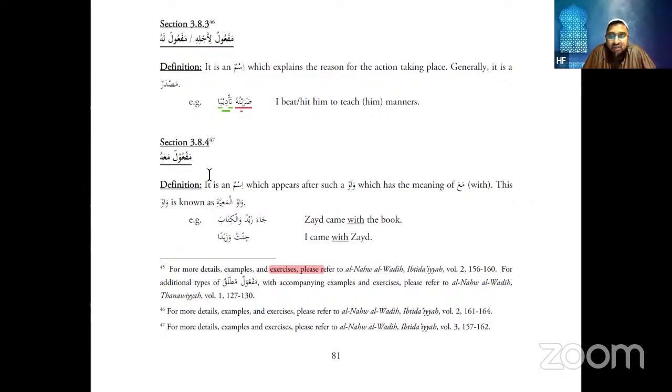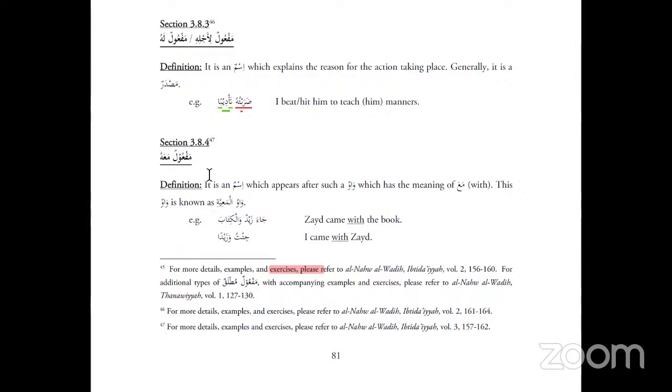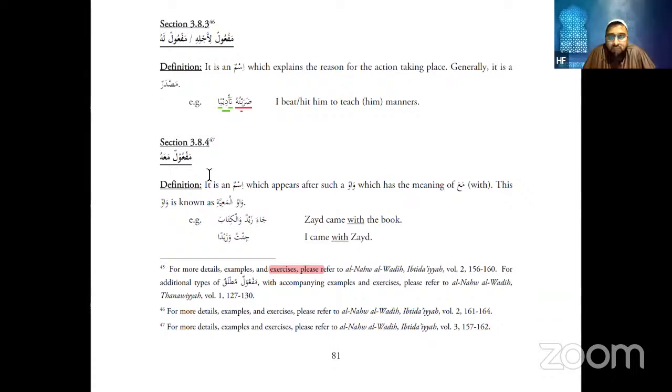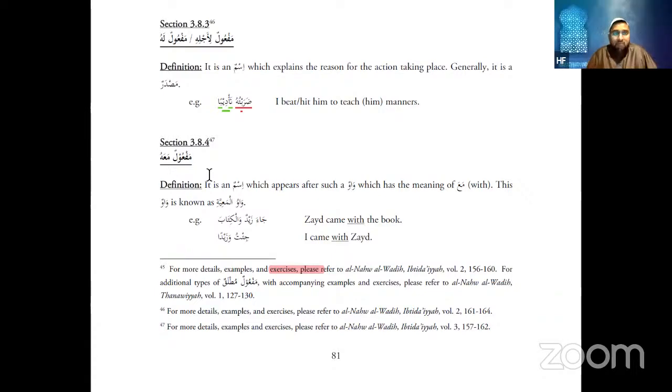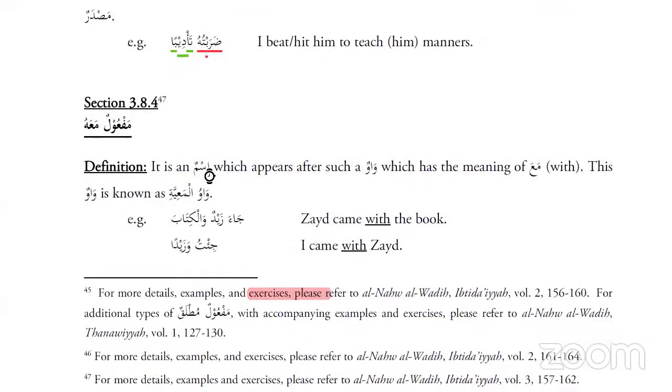So let's read the definition, Tahira. Yes. Bismillah. It is a noun which appears after a waw which has the meaning of ma'a, which means with. This waw is known as waw al-ma'iyya. Yes, ma'iyya is from ma'a, exactly.